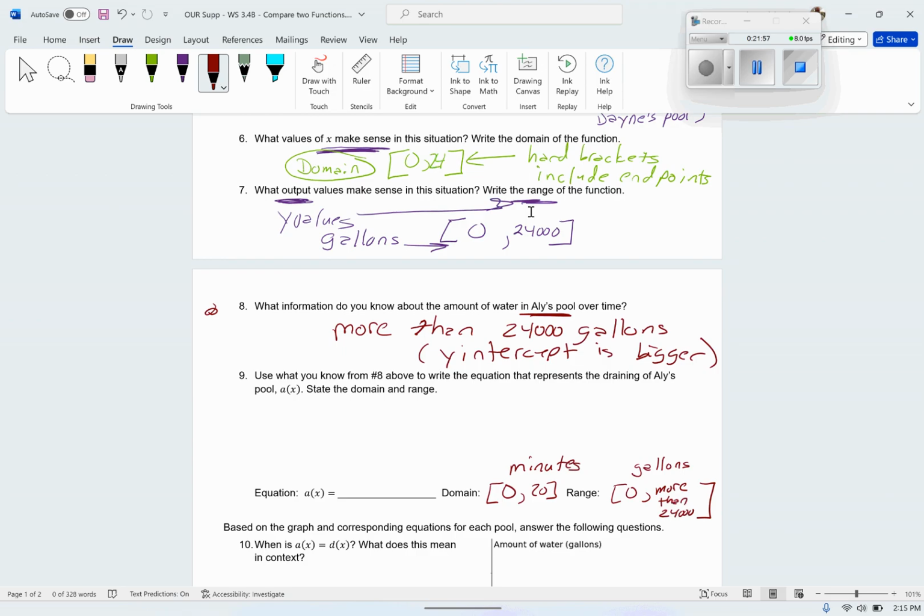I know that her slope is steeper, but I'm not sure. I don't know the exact value. And I'm just saying that because sometimes they might give us a problem in life that we don't quite have all the information on, but we can kind of make some educated guesses.